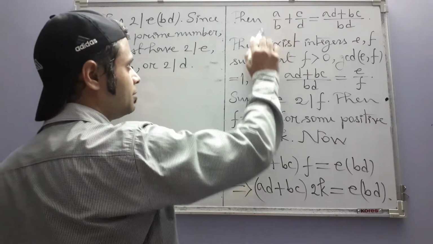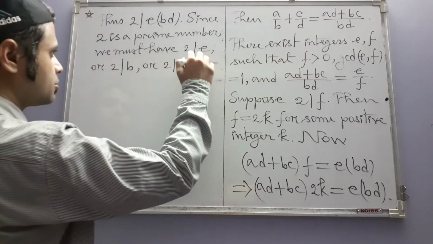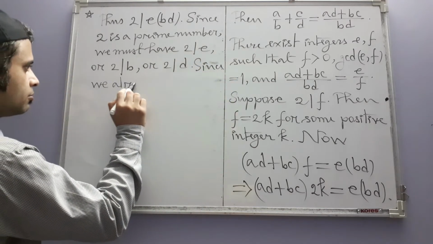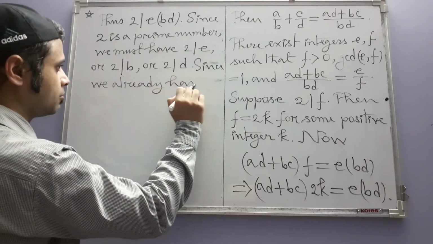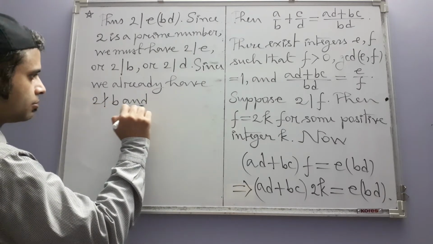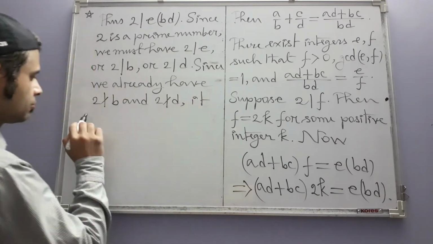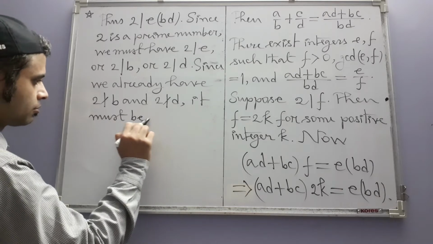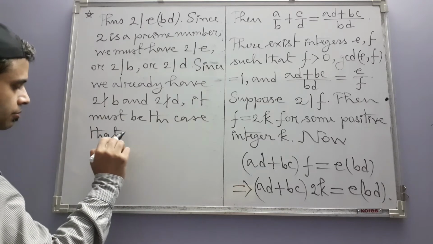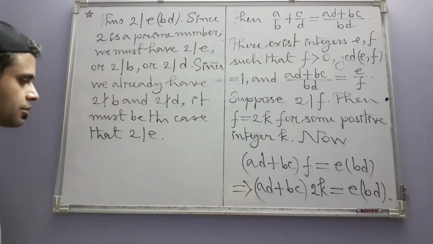That is because A by B and C by D are coming from our newly defined H. Since we already have 2 not dividing B and 2 not dividing D, it must be the case that 2 divides E. That's the only possibility.